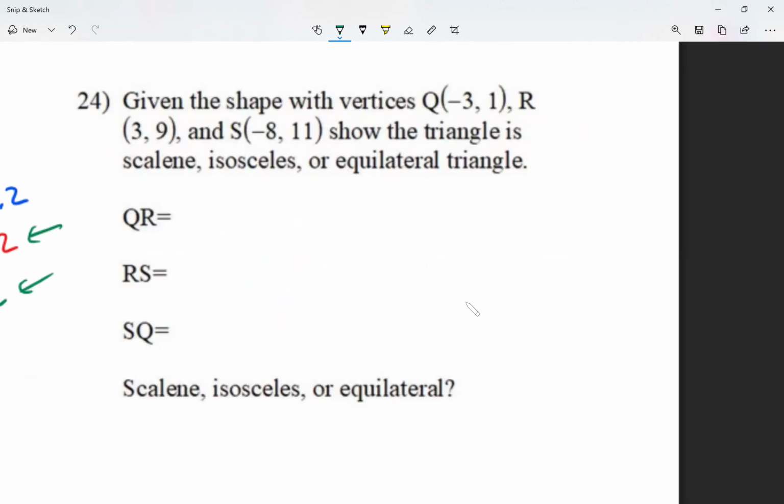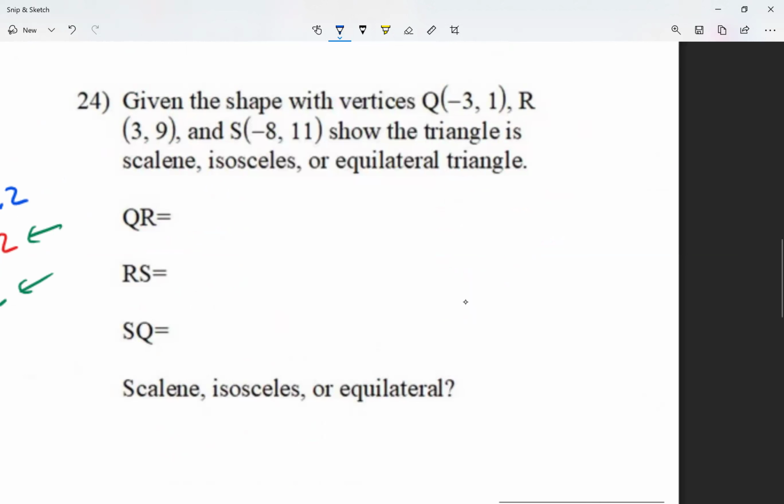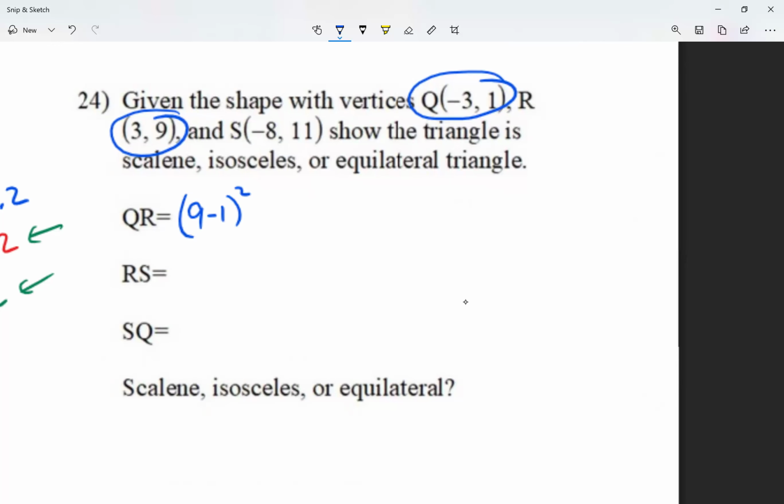Now I'm not going to show you guys my calculator. I'm just going to say this is what I got on my calculator. So for the segment QR, I'm using the coordinates of Q and then R. And I'm going to start by subtracting the Y's. 9 minus 1 all squared.